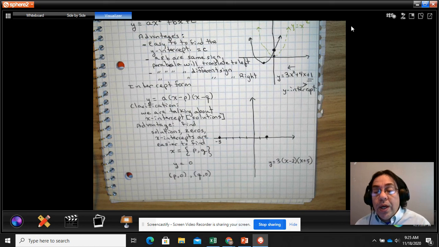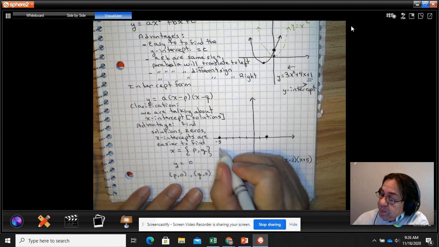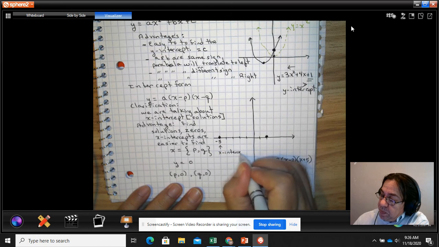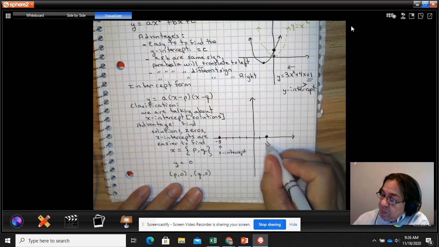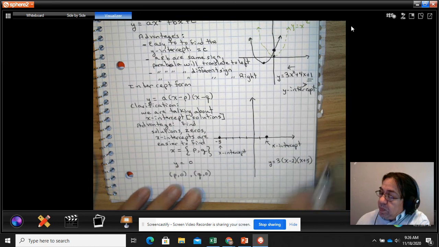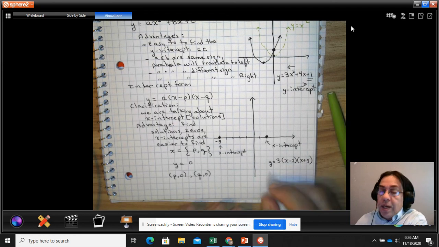To find the y-intercept, so these were the x-intercepts, again, I'm skipping a lot of steps here.